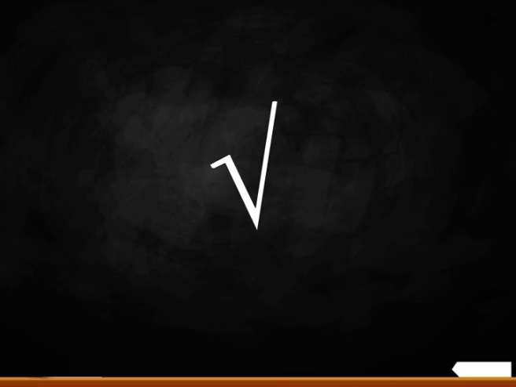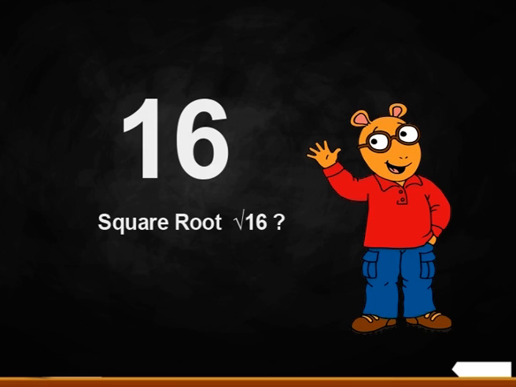You all know how to find square root as we have already discussed this in previous lesson. Okay, let us give it a revision by taking a simple example. Suppose a number 16 is given to you to calculate its square root. Here, you need to find a number which when multiplied by itself gives 16.